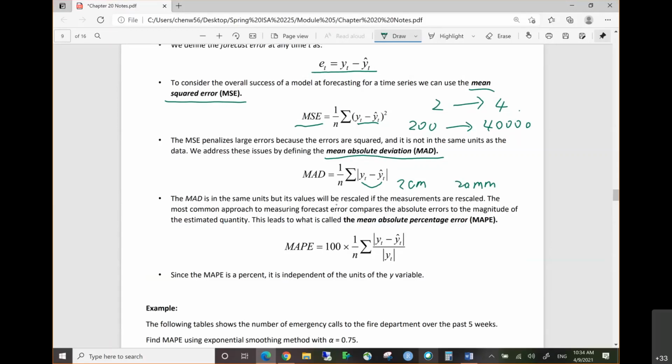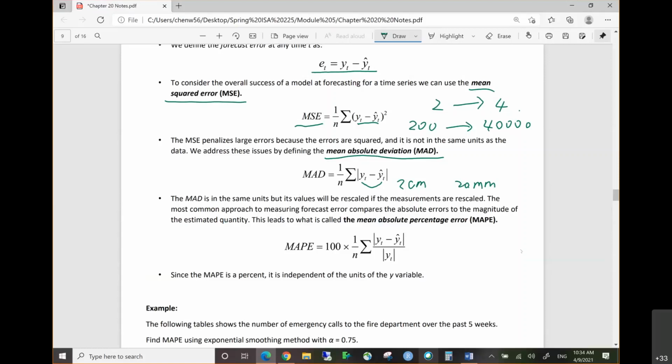So they have the rescale problem. How can we deal with this, so that this measurement of the error or residual has no relationship with the units?